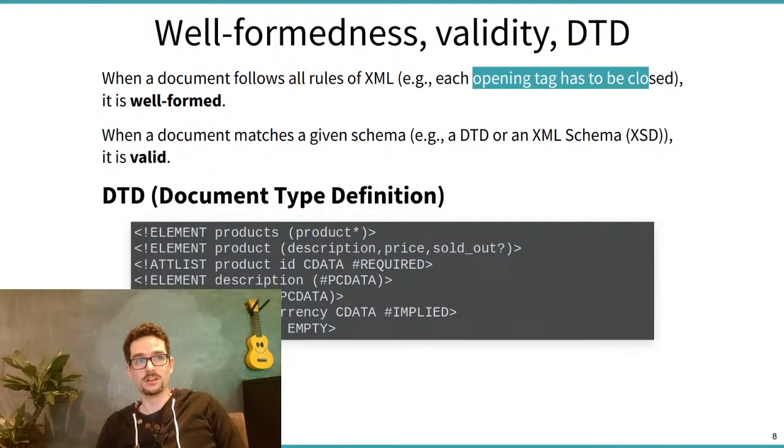It just follows the rules of XML. So if it is not well formed, you cannot do a lot with an XML document. It is not possible to read it.